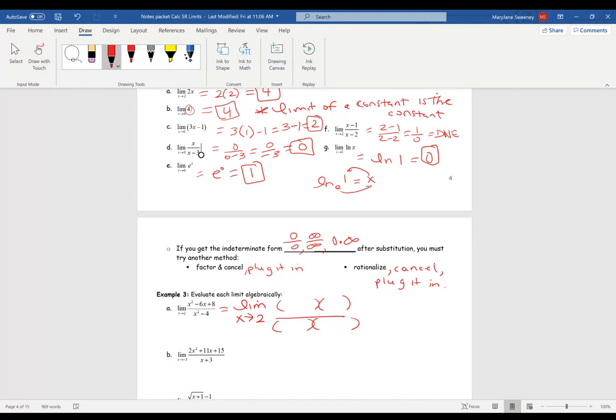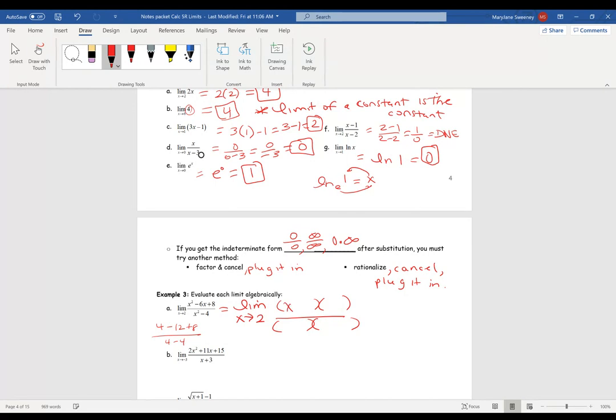The reason I'm doing that automatically is I already know that if I plug 2 in, let's see, 2 squared is 4, minus 6 times 2 is 12, plus 8 over 4 minus 4. So yeah, I would get negative 8 plus 8, which is 0, over 0, indeterminable form.